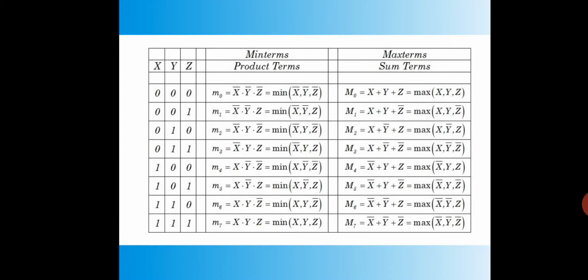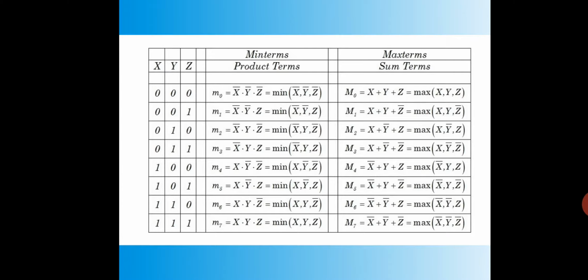In the same fashion, you can go for 1 0 0. If x equal to 1, y equal to 0, z equal to 0, in the product terms it is x into y dash into z dash. But for the sum terms, it is x dash plus y plus z. When x, y and z are 0, the sum terms will be y and z itself.